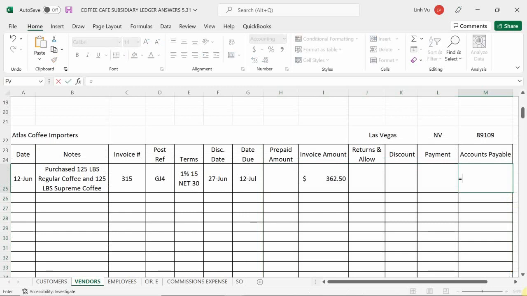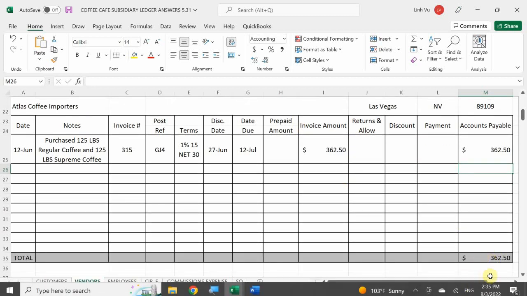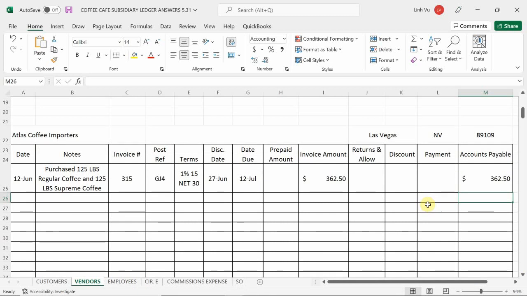So let's go ahead and run our formula once again. Invoice amount minus prepaid minus returns minus discounts minus payments. I owe $362.50. Right? And that's what my grade tells me. Okay? All right.